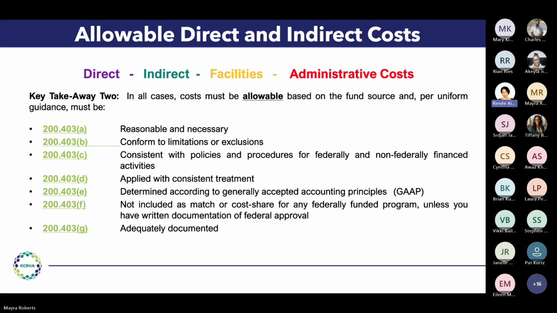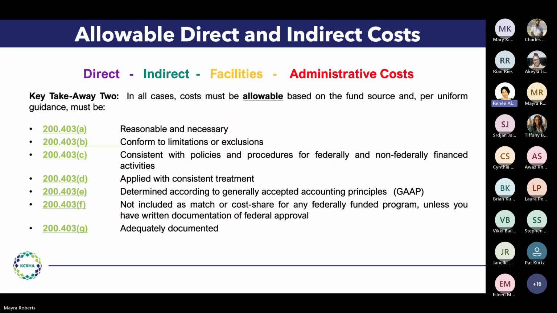And that is documented, federally approved in the CFRs. And so again, we have linked the codes that are referenced so that you can do further reading there. And right now, the only fund sources that KCRHA administers that require match are COC funds, which must have 25% match, and ESG funds, which is 100% match.